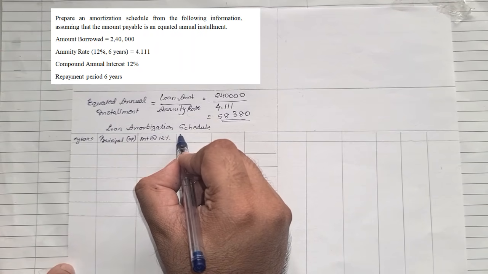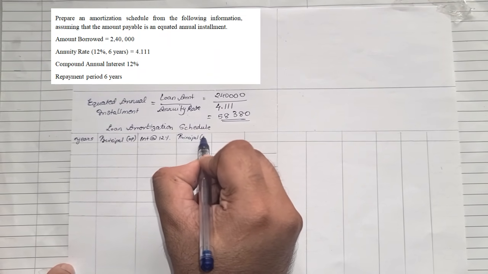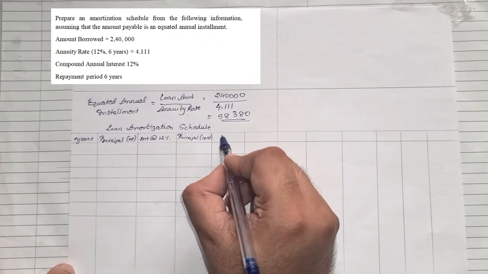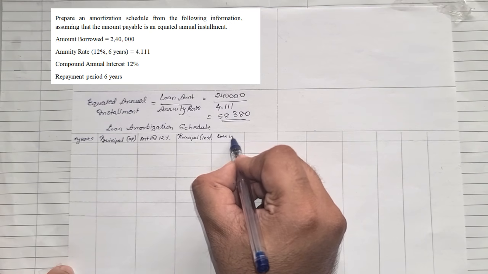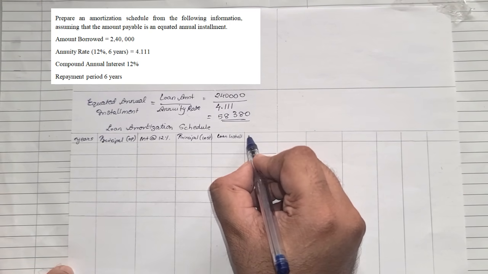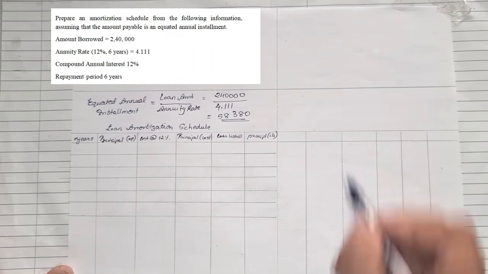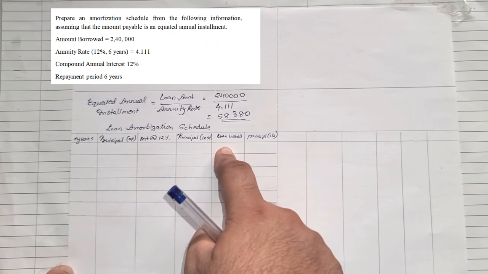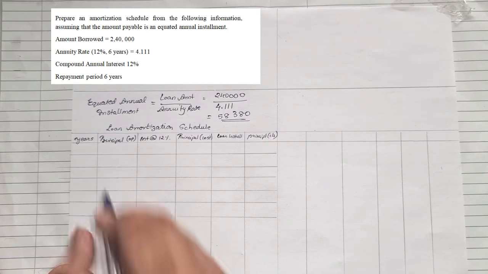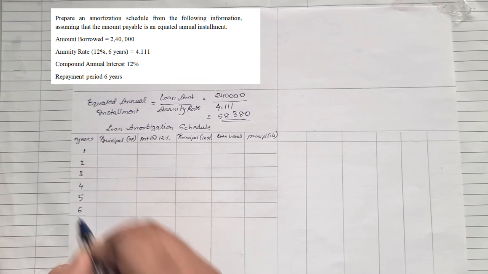Next will be the principal installment, in the bracket I'm writing installment. Next will be the loan installment, and last will be principal, in brackets closing. So we have opening, interest, principal installment, loan installment, and principal closing. 6 years are there: 1, 2, 3, 4, 5, and 6.